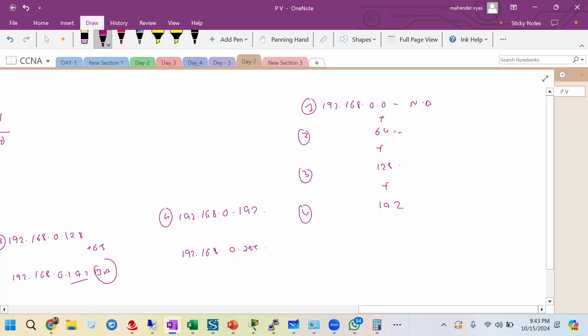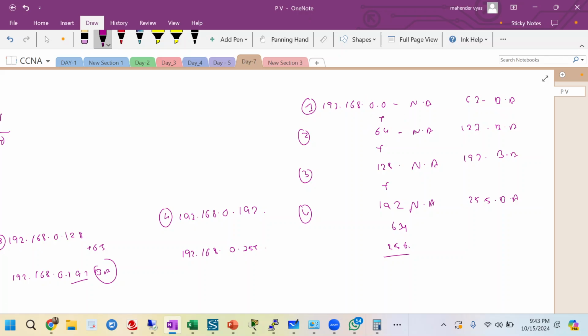Here the second address starts with 64, so before 64, whatever address comes, 63, is the broadcast address of the first network. Here 128, so 127 is the broadcast address. Here 192, so 191 is the broadcast address. Here 192 plus 64 would be 256, so before 256, 255 is the broadcast address. Either you add 63 to make a broadcast address, or add 64 to get the next network address.